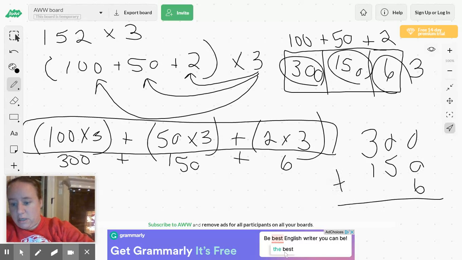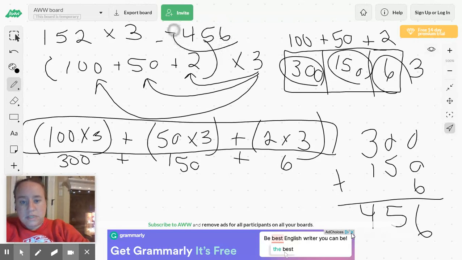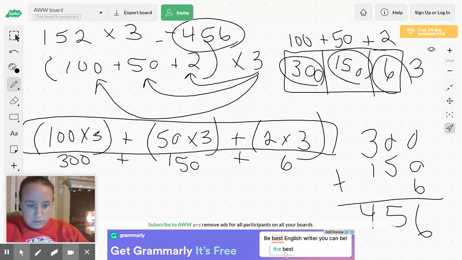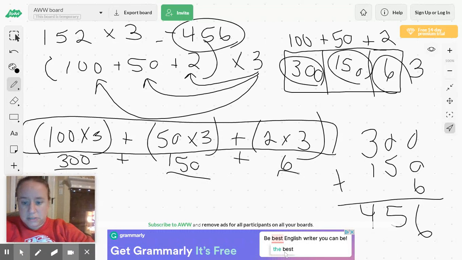Make sure you line those up, add them up, and there's your answer to 152 times 3. Same thing with the distributive property: I would add 300 plus 150 plus 6, and I would still get 456.